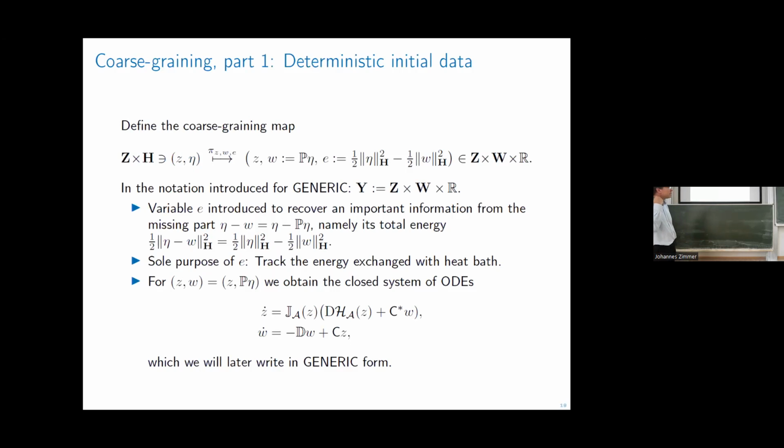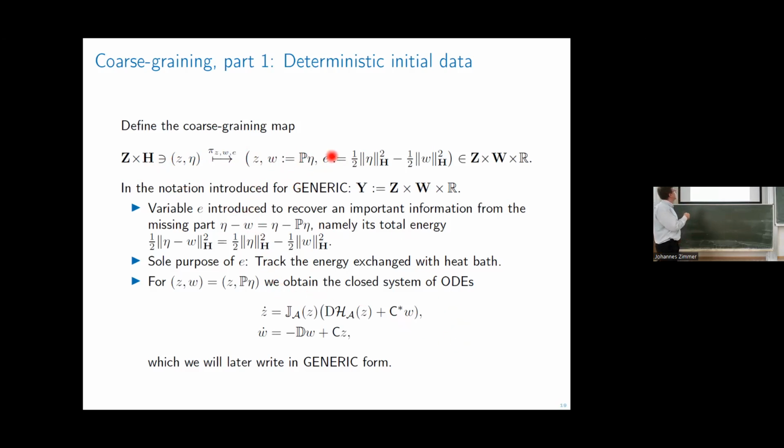And so to be a bit more precise, how do we now go from the unitary group to the dissipative group? How do we go from microscopic to macroscopic? We define a map, a coarse-graining map. It takes the two elements in my system, my molecular variable and the heat bath variable. The heat bath I project in the compression subspace.